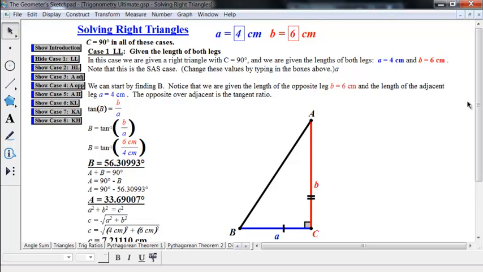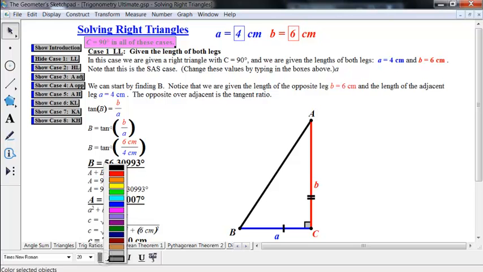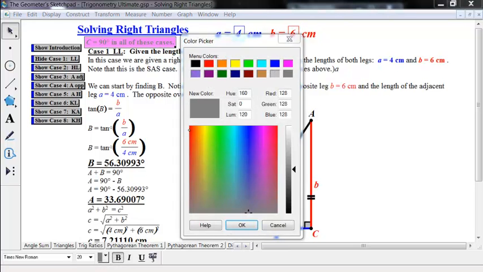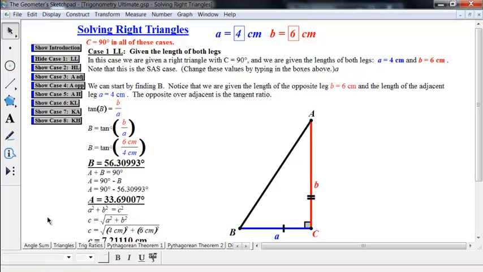Why don't you do one now, and we'll check it here in just a minute. So let's do one where the legs are, of course this is a right angle here. We're assuming in all of these cases that angle C is 90 degrees all of the time. Okay, so solving right triangles. We'll learn in our last unit how to solve triangles that are not necessarily right triangles.